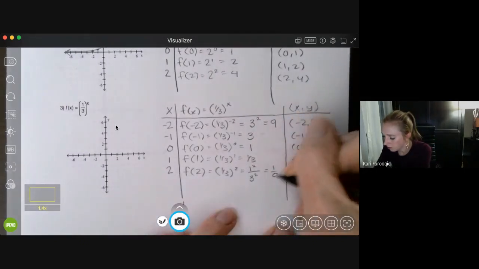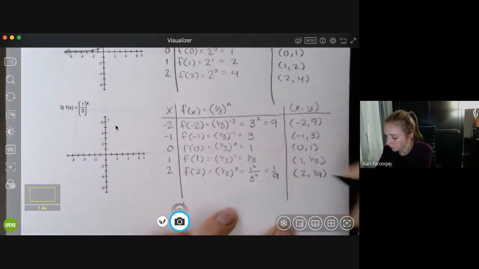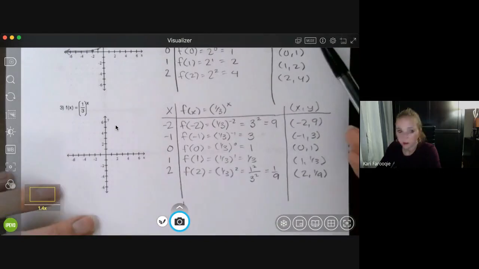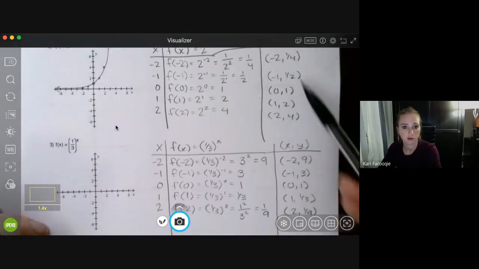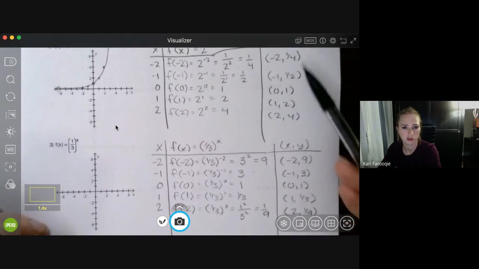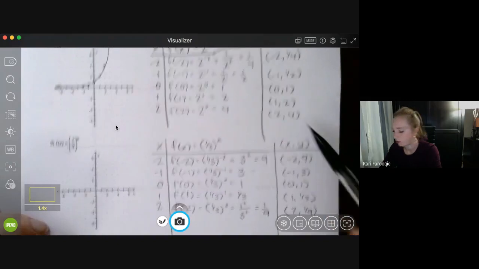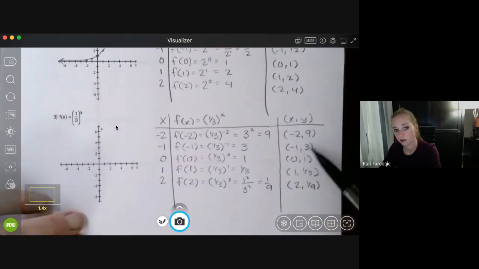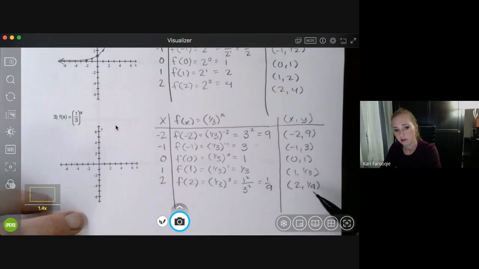And you get 1/9. But again, you're seeing the same behavior that you saw with the first function we did, which is that these numbers that you originally saw in the denominator are popping out now in the numerator, and vice versa. You saw these values by themselves, and then as you work your way into these positive values for x, you're seeing them in the denominator.